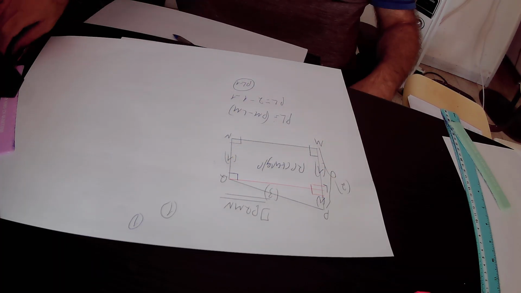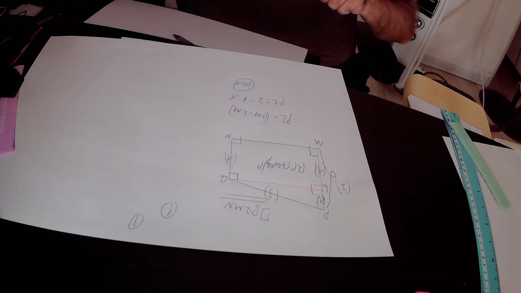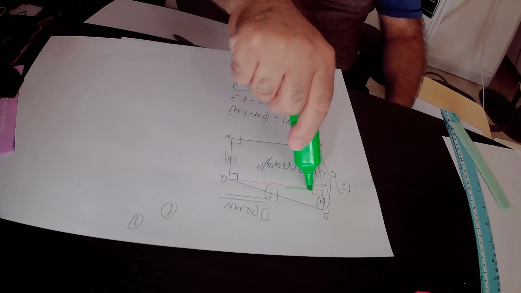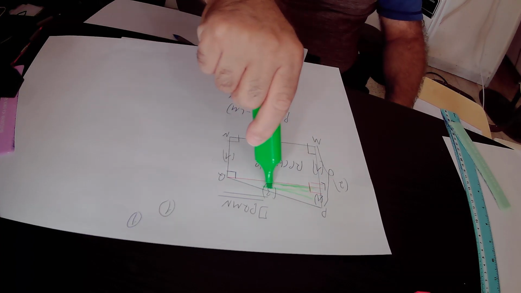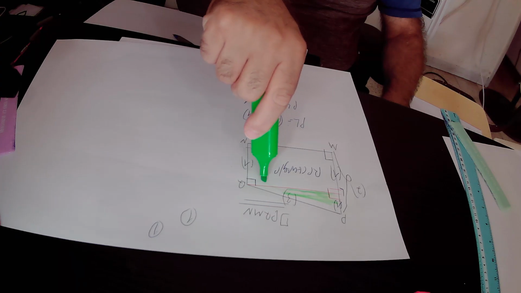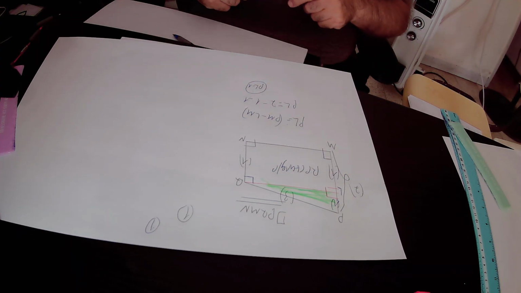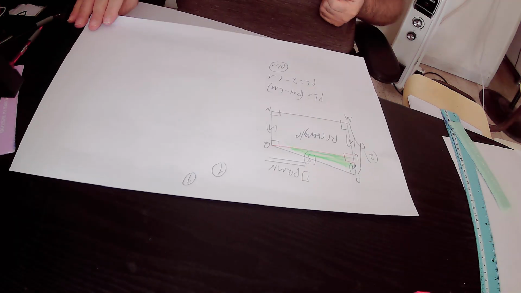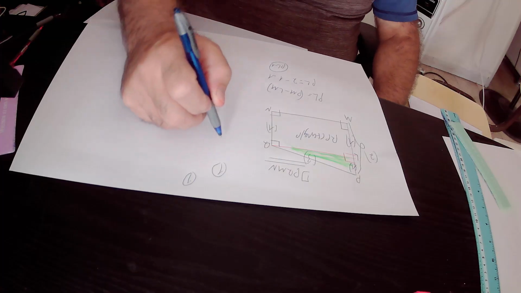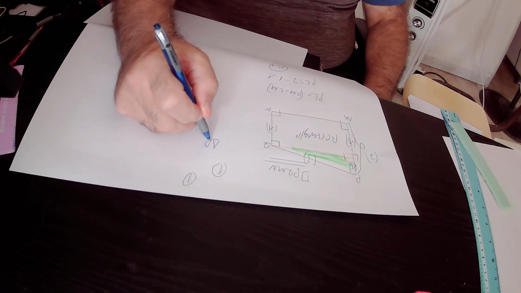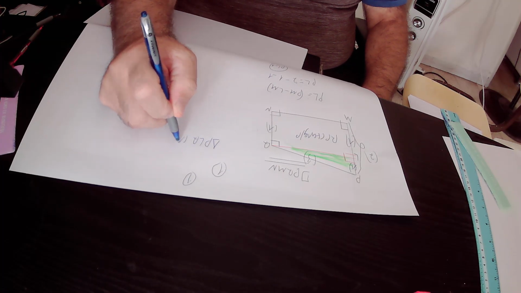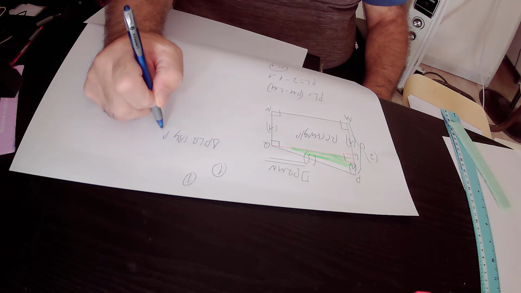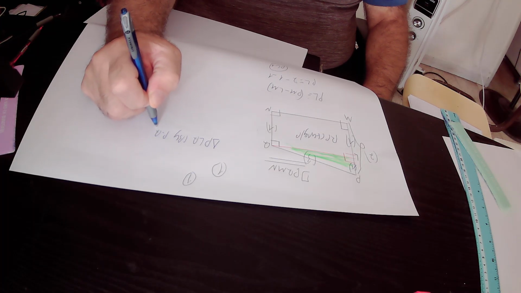So in the next step, we apply the Pythagoras theorem on this right triangle PLQ. According to the Pythagoras theorem, in a right triangle, the square of the hypotenuse equals the sum of the squares of the perpendicular sides.